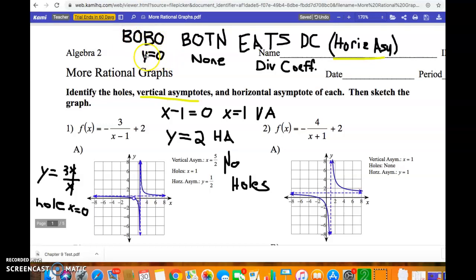So y equals 0 is your horizontal asymptote. Bigger on top, you have none. That's Botten. So bigger on top, there is no horizontal asymptote. And eats DC, this last thing, if the exponents are the same, then you divide coefficients. I put divide coefficients down here to remind you. So these are the little memory tricks to figure out horizontal asymptotes.